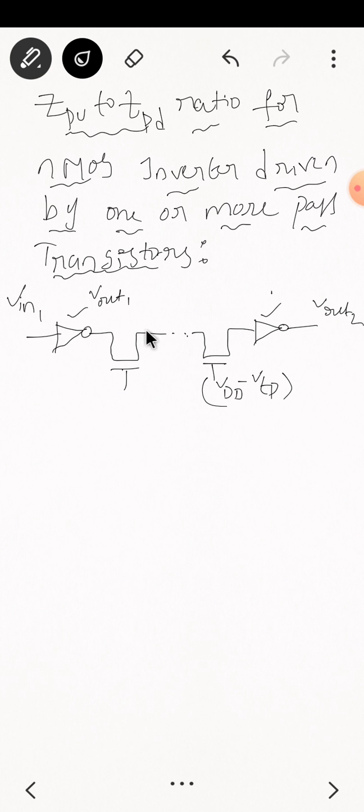In this lecture, we have to remember one thing, that every pass transistor has some threshold voltage that is denoted by VTP. I am applying the input to the pass transistor here, and I am taking the output here.